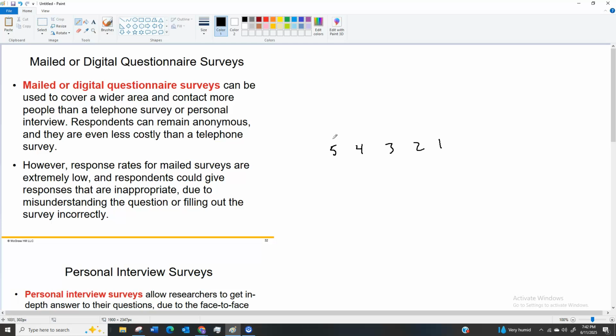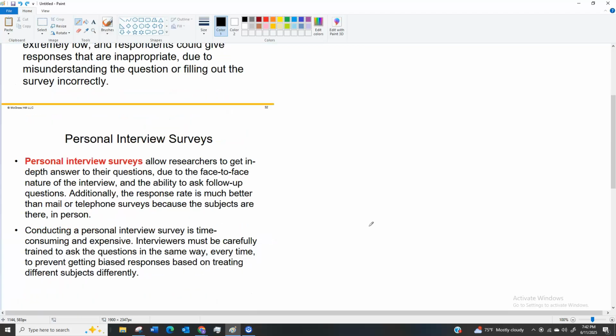And the surveyor intends for 5 to be the best, and because it's listed 5, 4, 3, 2, 1, the person taking the survey might think 1 is the best, like first place or something like that. So you might get inaccurate answers if the survey is not written well, or if the person that responds doesn't quite understand what the question asks or what the responses are.